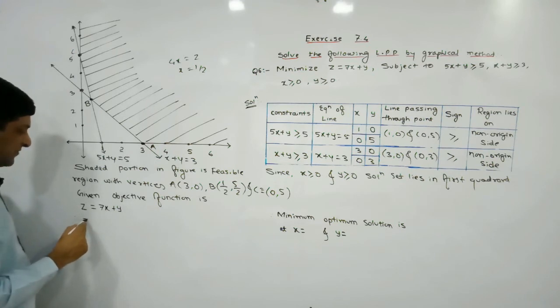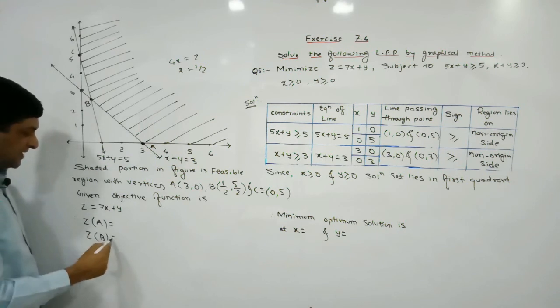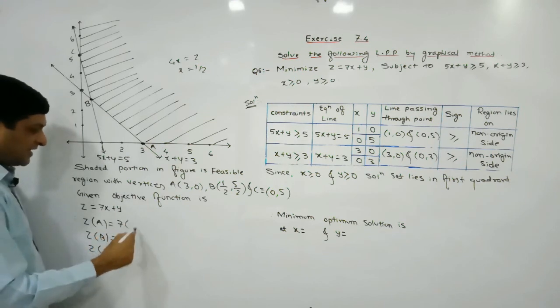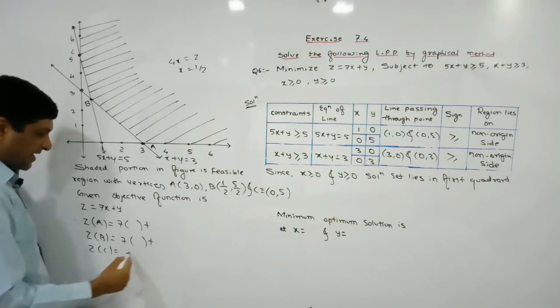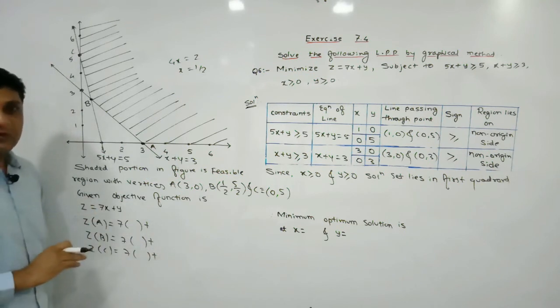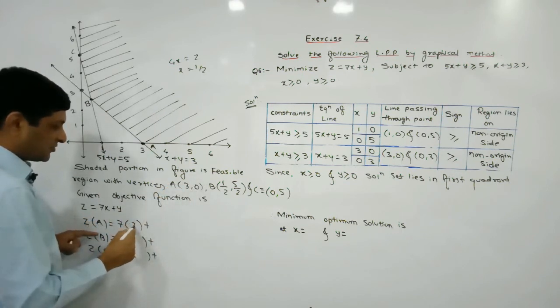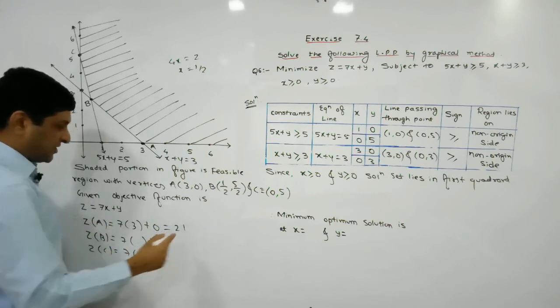Now we find the value of this objective function at all the vertices, at vertex A, vertex B and vertex C. The objective function is 7x plus y, so the remaining part is just to substitute the values of the coordinates. For point A, the coordinates are (3, 0), here y is 0, so Z is equal to 21.